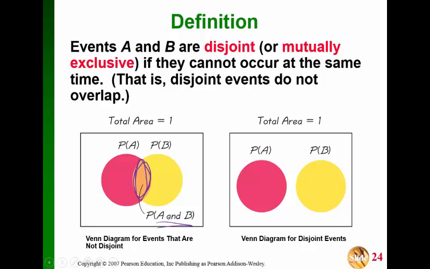Now, on the other hand, if you have two events that don't have anything in common, then P of A and B happening at the same time is going to be equal to 0 because there's no intersection between those two things. And if that's the case, then we have what's called disjoint events. Those two events do not overlap, so they're disjoint.